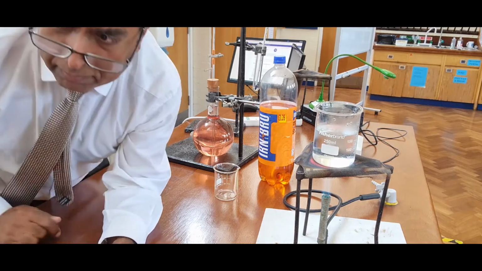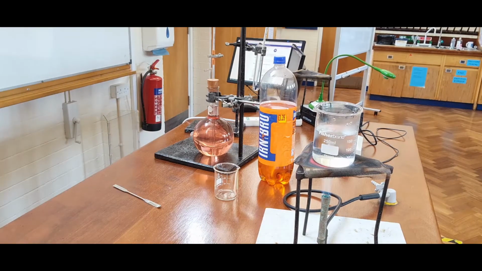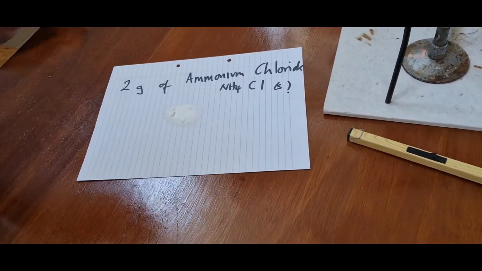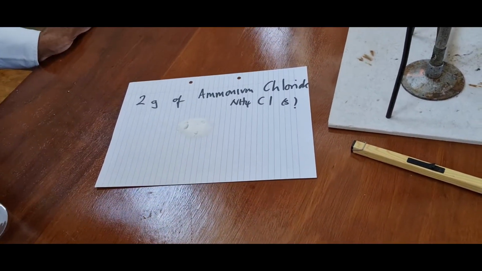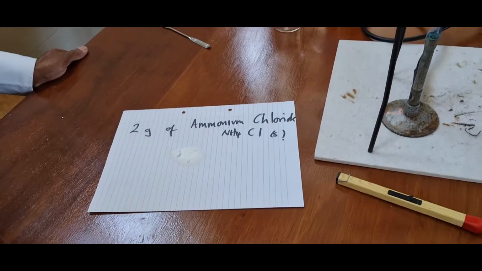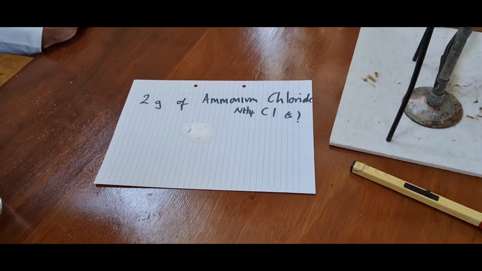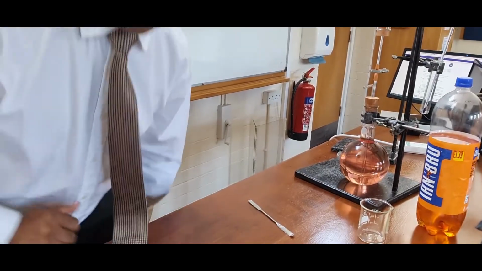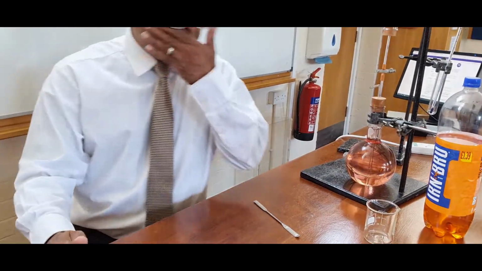So I've got some solute here. I've got some ammonium chloride. Look. Ammonium chloride, and I've weighed out, using a 2 decimal place balance, exactly 2 grams. So I've got 2 grams of ammonium chloride.